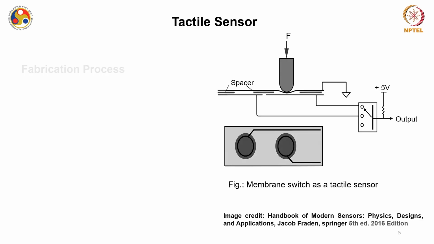So, let us see a brief fabrication process for these sensors. Let us talk about very simple tactile sensors which are fabricated by patterning two different conducting layers. We will see how the pull-up resistors and other arrangements are used to capture whether something has been touched or not.